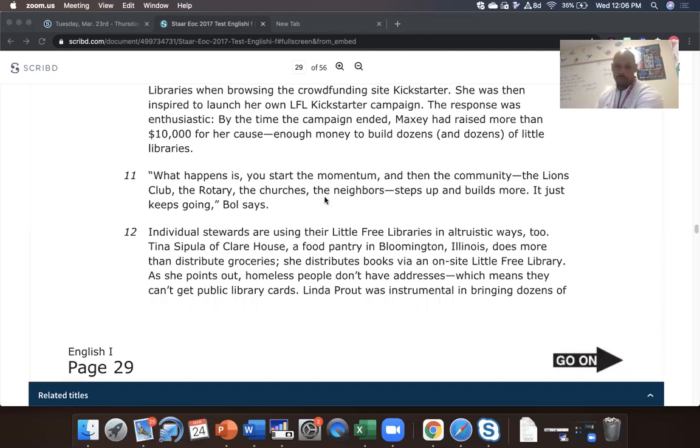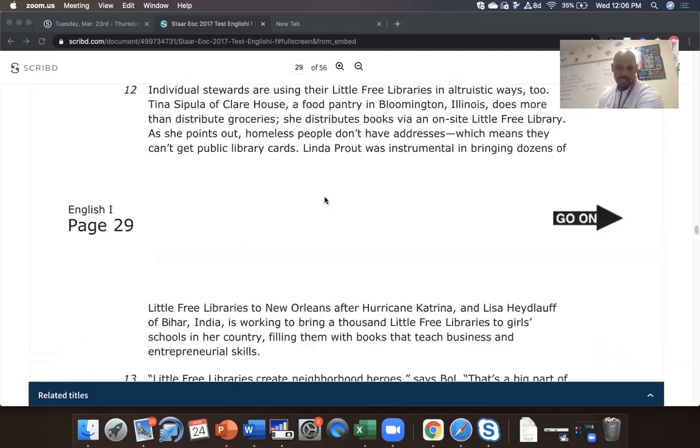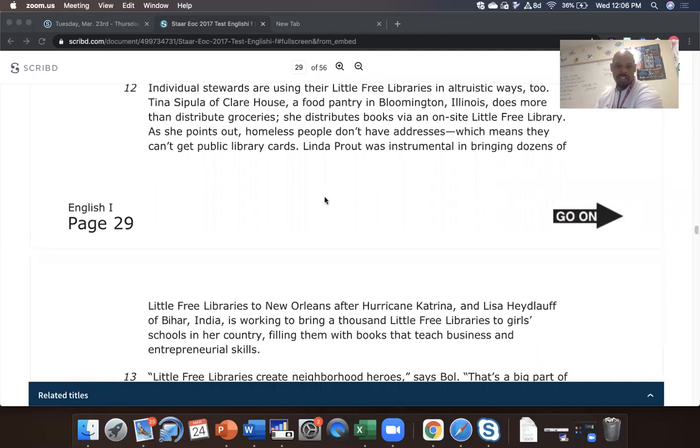Linda Prout was instrumental in bringing dozens of little free libraries to New Orleans after Hurricane Katrina. And Lisa Heideloff of Bihar, India, is working to bring 1,000 little free libraries to girls' schools in her country, filling them with books that teach business and entrepreneurial skills.